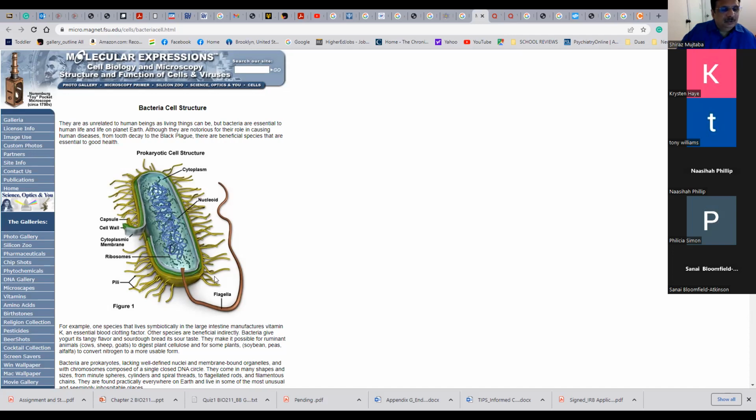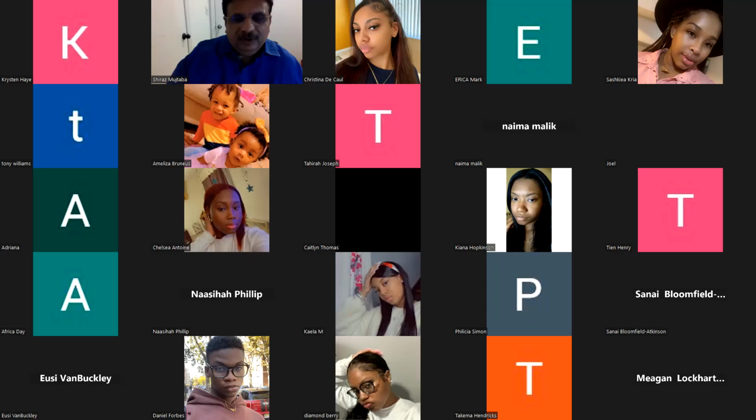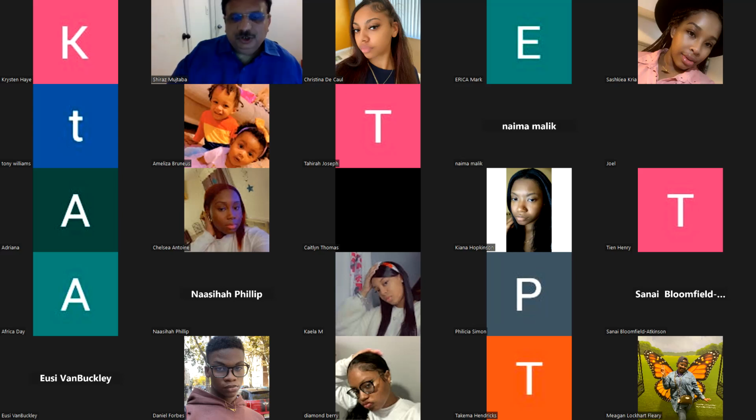The second kind of structure that is present on the bacterial cell wall is hair-like structure. So one is flagella, which is very long, whip-shaped, thin.